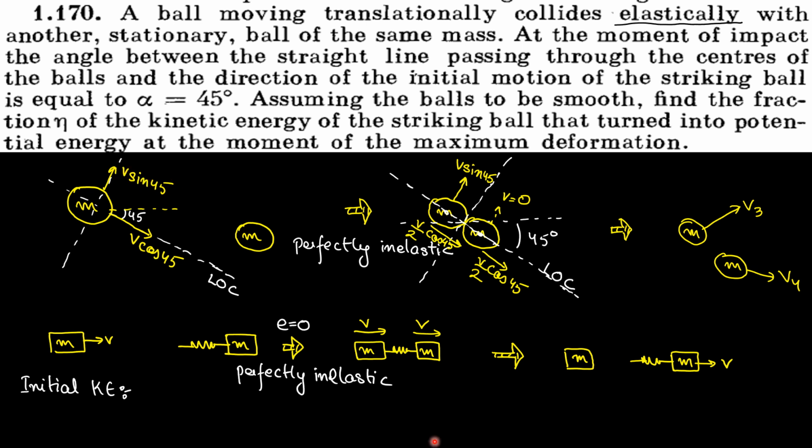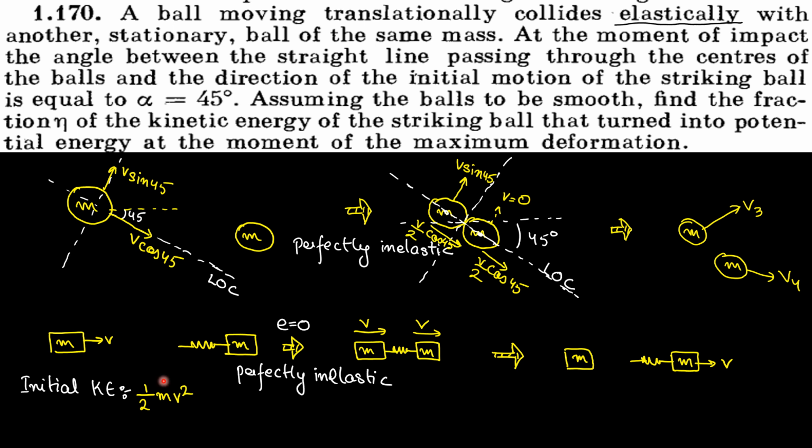Both will have the same value. Just check it, because sin squared theta plus cos squared theta equals 1. So if you component and add the kinetic energy, it will be the same as the total kinetic energy. What is the final kinetic energy of the system?